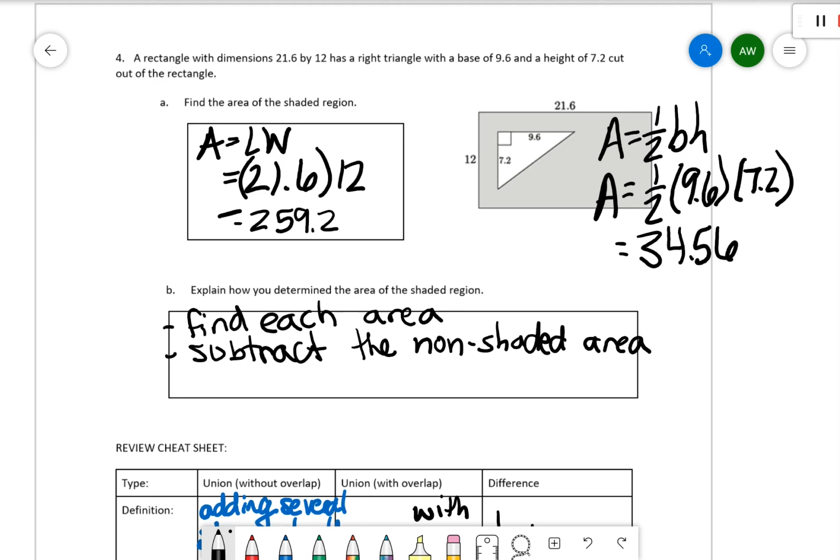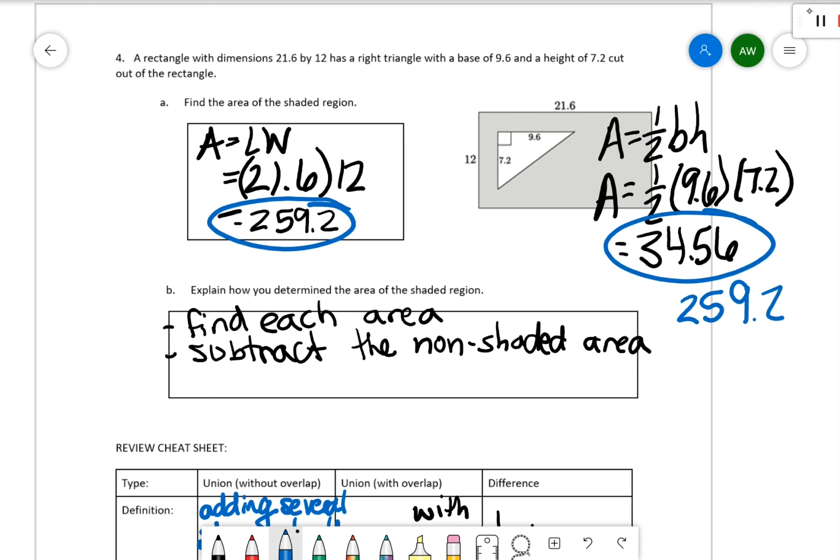Okay. So to do that, I'm just going to take this, which was my large area, and I'm going to subtract my 34.56, which was my small area. So I'm going to do 259.2 minus 34.56, and I get 224.64. Let's put that into our review box.